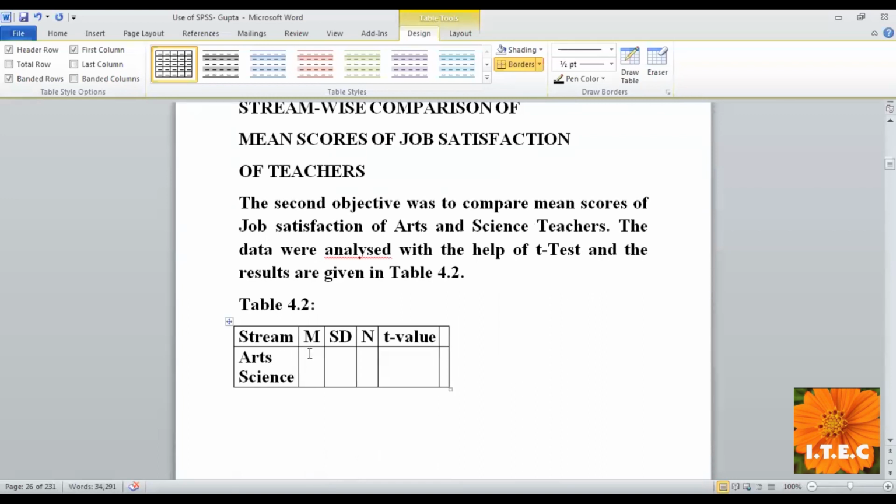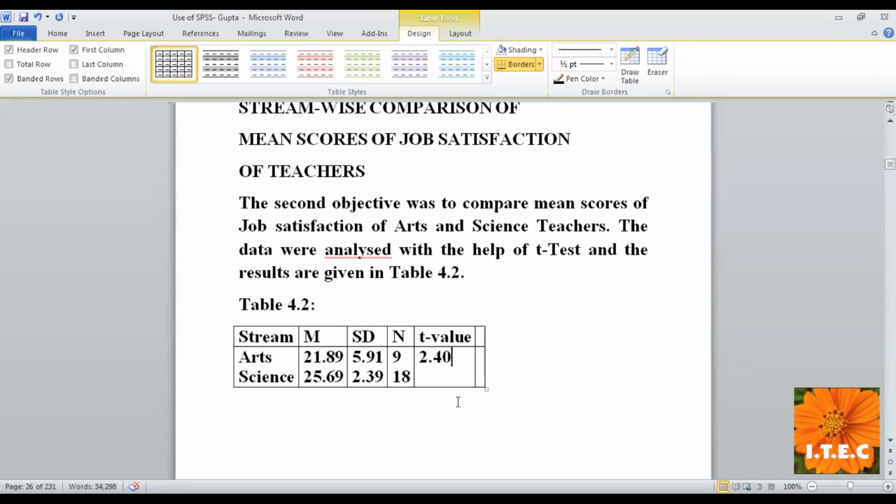The mean job satisfaction of arts is 21.89, that is 25.69. SD is 5.91 and 2.39. N is 9 and this is 18. The T value is 2.40 and it is significant at 0.05 level.